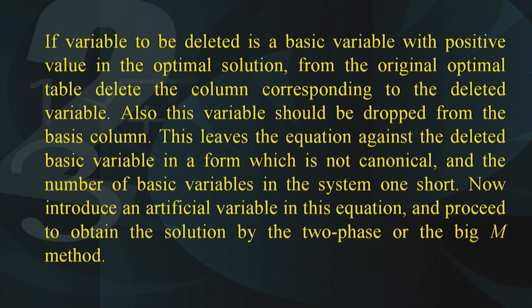Now, introduce an artificial variable in this equation and proceed to obtain the solution by the two-phase or the big M method. So, that is the way it has to be done.